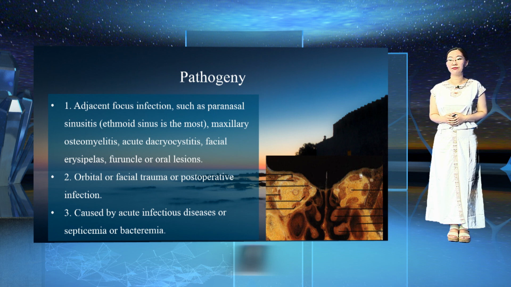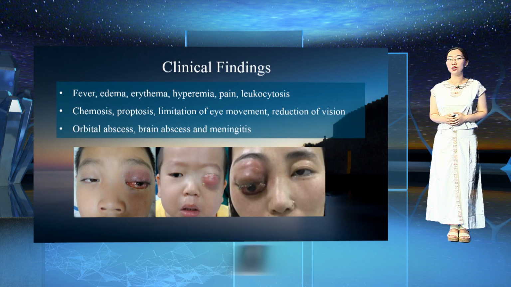Clinical findings. It's most important to distinguish between pre-septal and orbital infections, both present with edema, erythema, hyperemia, pain, and leukocytosis. Chemosis, proptosis, limitation of eye movement, and reduction of vision indicate deep orbital involvement.